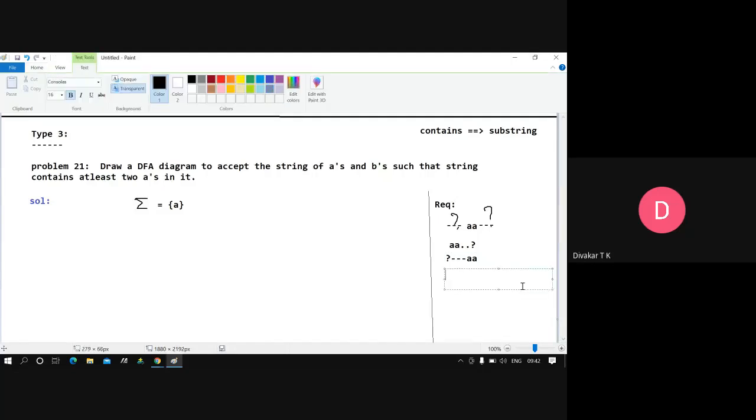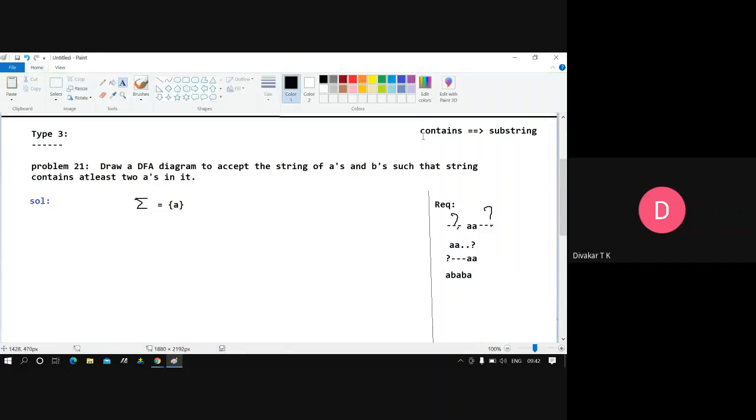This is also valid: AB. Now one A is there, two A's are there, at least two A's are there. This is also valid. Three A's too; at least two A's means two or more A's. So that part you need to understand.